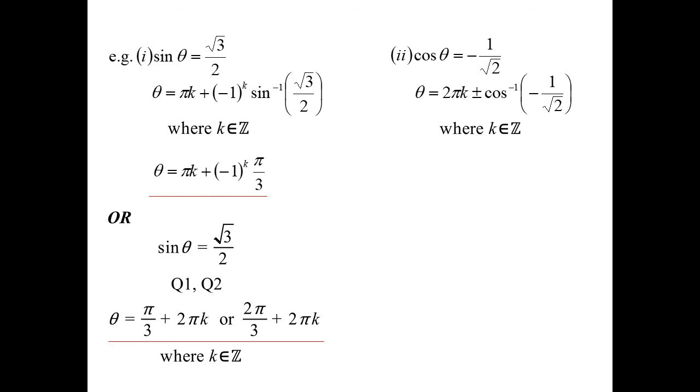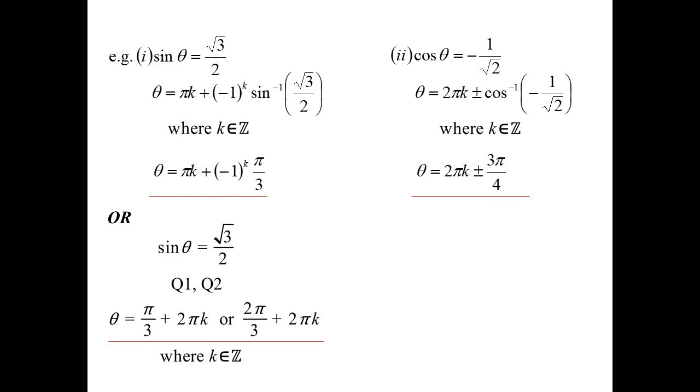So I can't, for this one, say that'll just be minus pi on 4, can I? It has to be the obtuse angle. So it has to be 3 pi on 4 we use for that. So 2 pi k plus or minus 3 pi on 4, again, where k is an integer. So they'll be using our generalised formula.